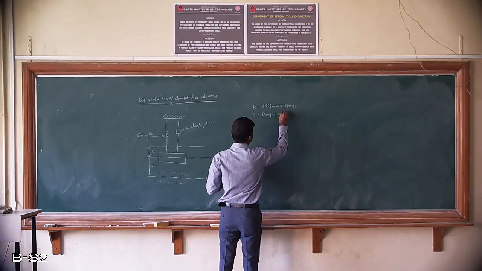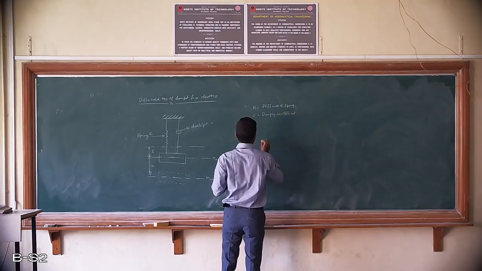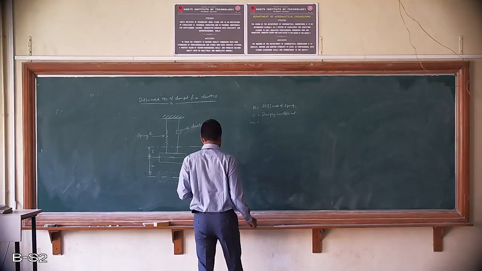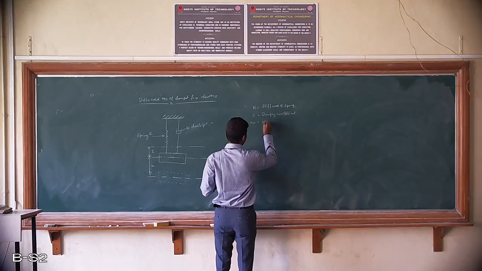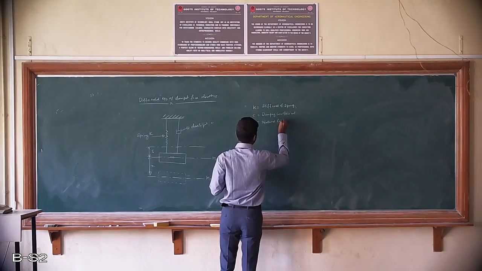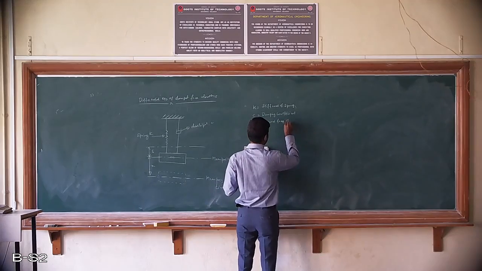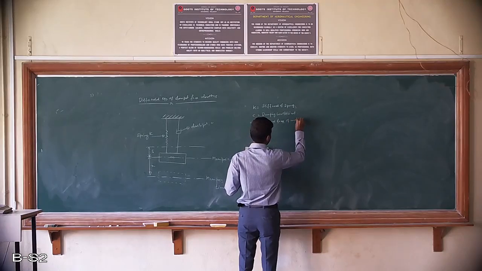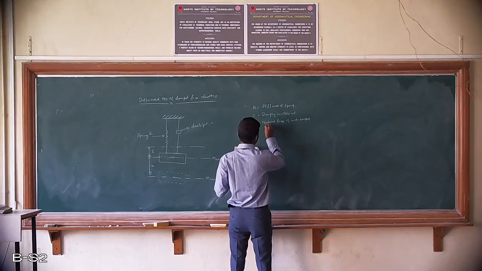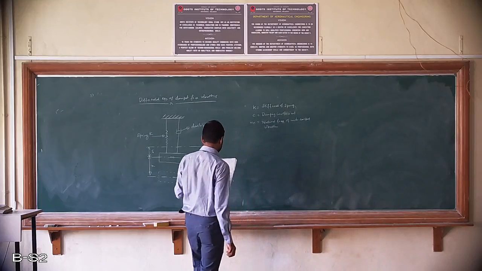Omega n is equal to natural frequency of underdamped vibration.